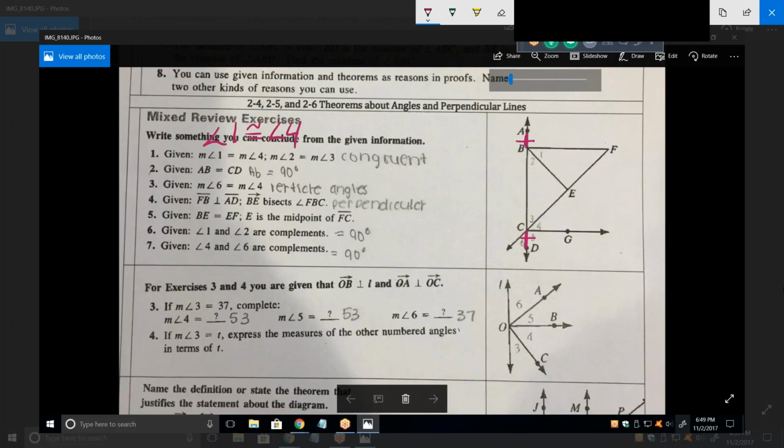Given AB is equal to CD, I suppose you could say that ray CA, going from C to A, is the same as the ray going from B to D.